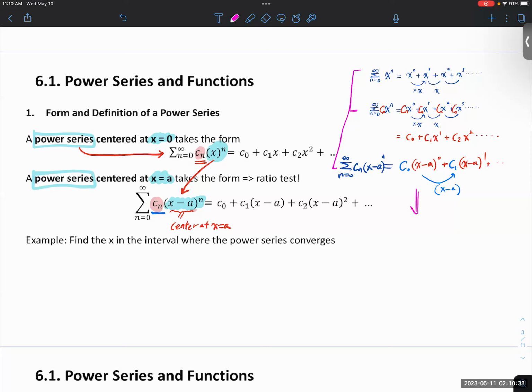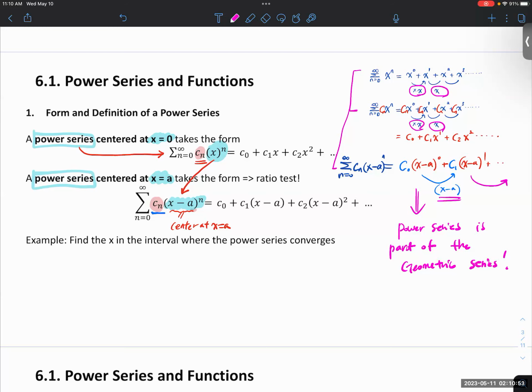So this power series is part of the geometric series we just observed, because you keep multiplying the same number.